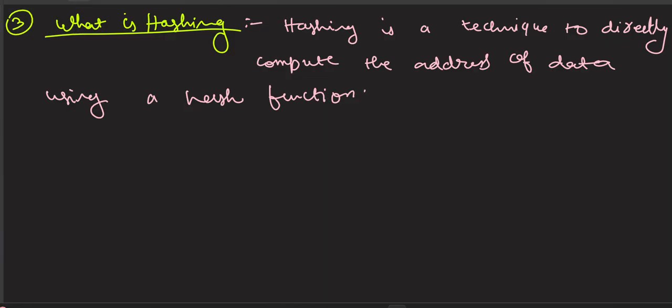So instead of searching, DBMS applies a hash function to an attribute to give a storage location.